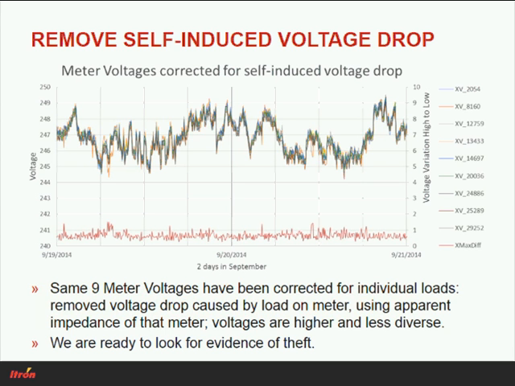So now it's sort of like sharpening a knife. We can tell much better when something is going wrong, because if somebody were to steal power, the voltage would go down. The voltage would show as being very low, because there's no way to correct for that since it's not measured.